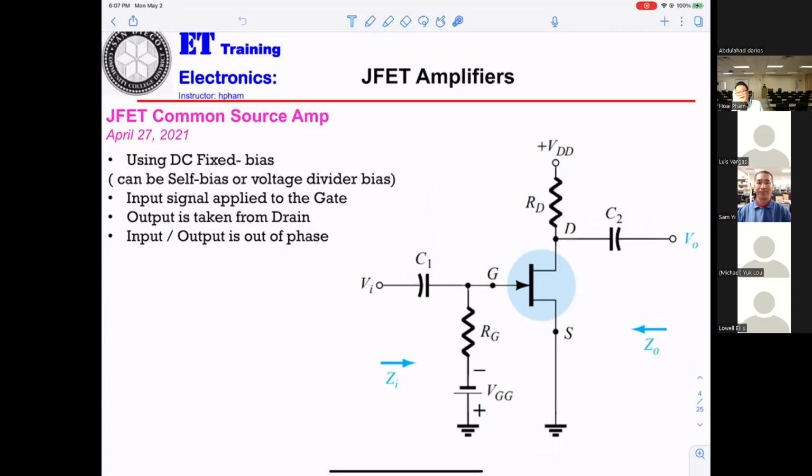Normally, what is the name of the C1 or C2 in this circuitry? Tell me the name. C1 is what?